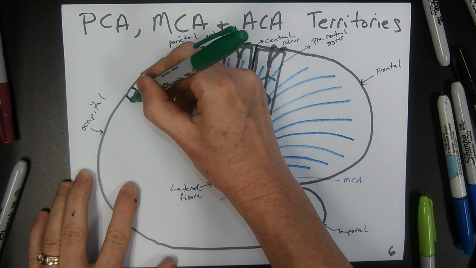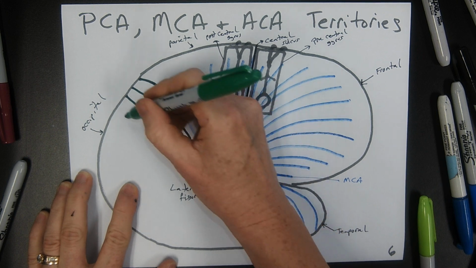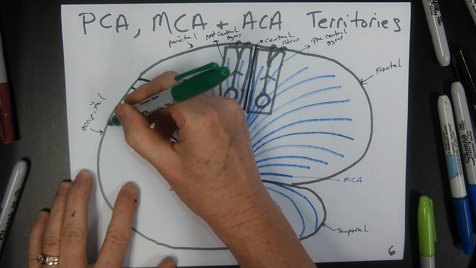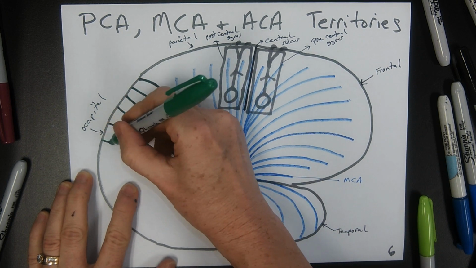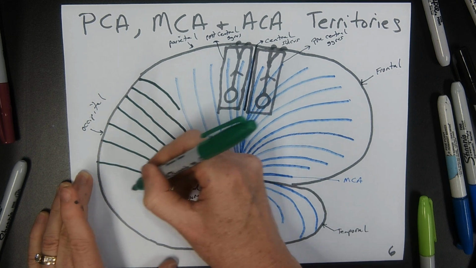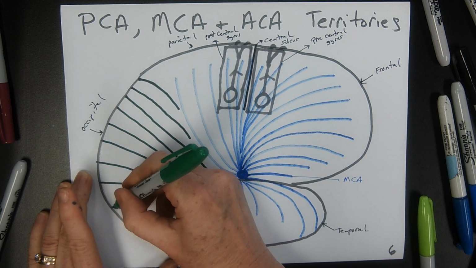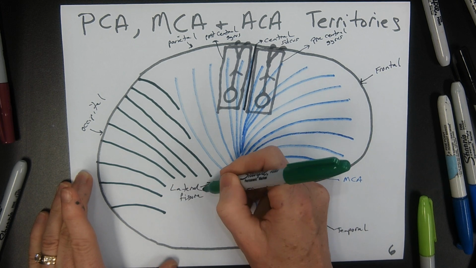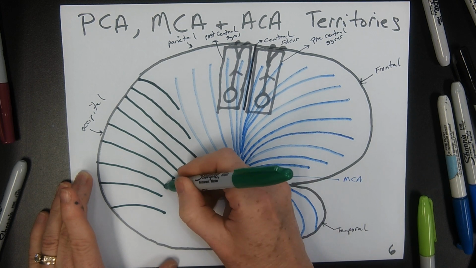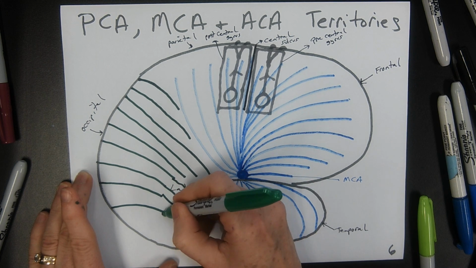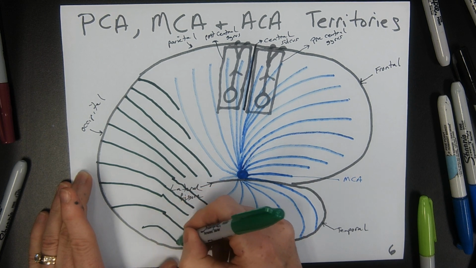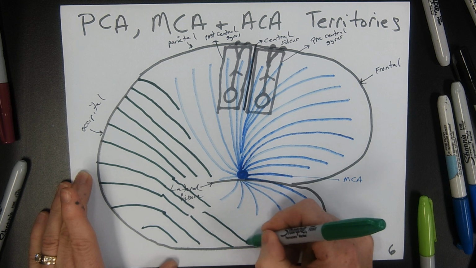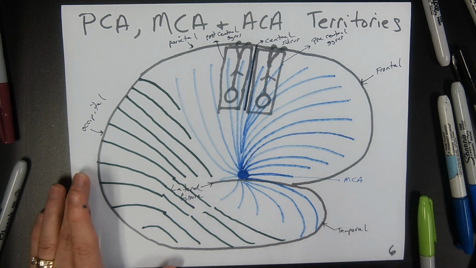The occipital lobe on the lateral surface, all of it is supplied by the PCA. And as you get down here to the temporal lobe, it's also going to supply some of the temporal lobe with blood, especially on the inferior portion here.